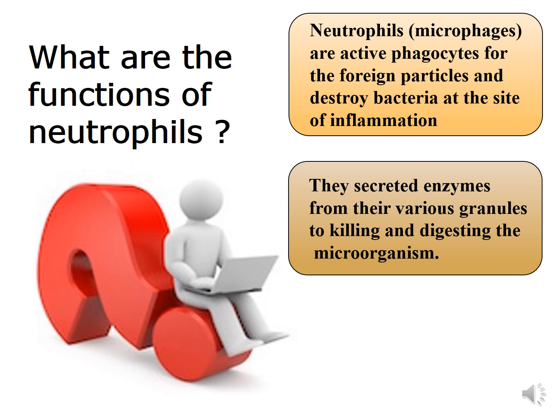These cells secrete enzymes from their various granules to kill and destroy microorganisms. طبعا هذه الخلايا لها القابلية على إفراز الإنزيمات من خلال الجرانيولز اللي موجودة بالسيتوبلازم من أجل تحطيم وهضم كل مايكرو أورغانيزم ممكن إنه تواجهه.